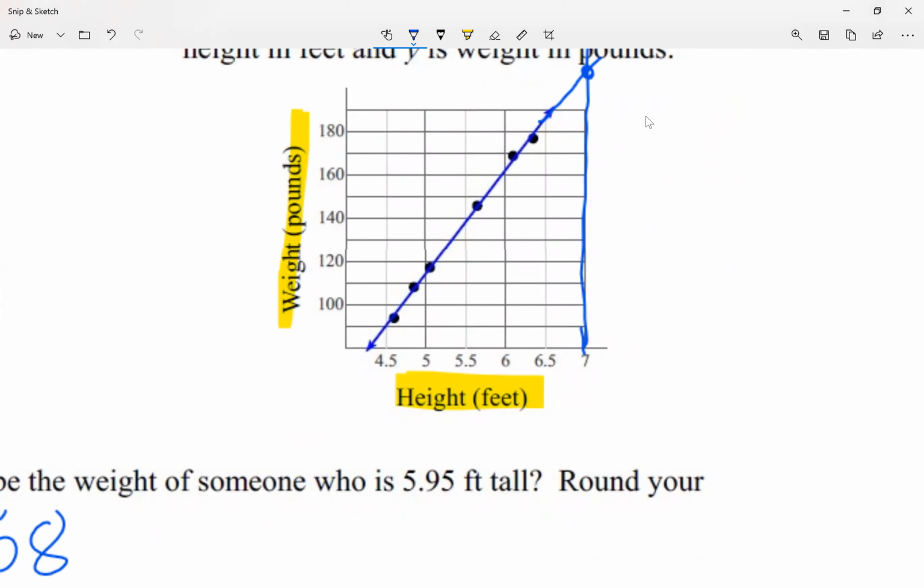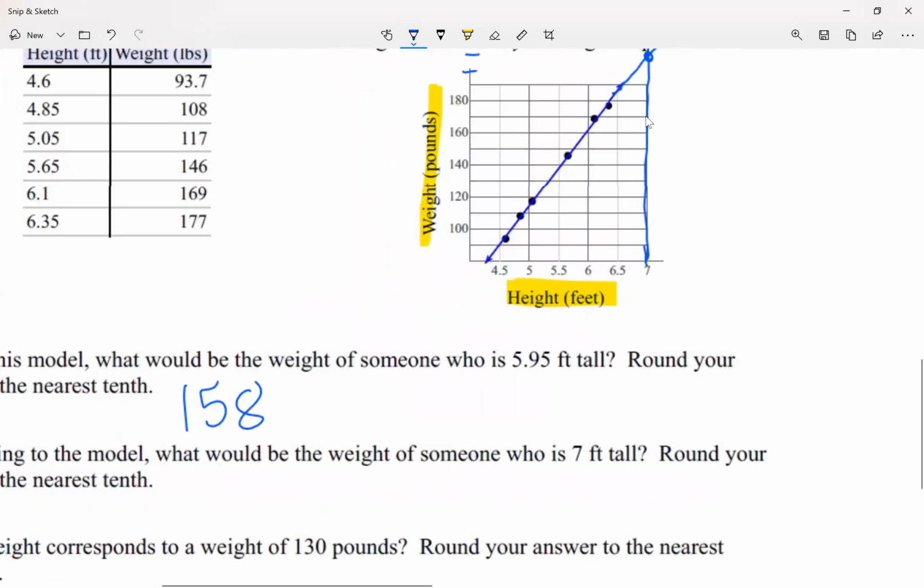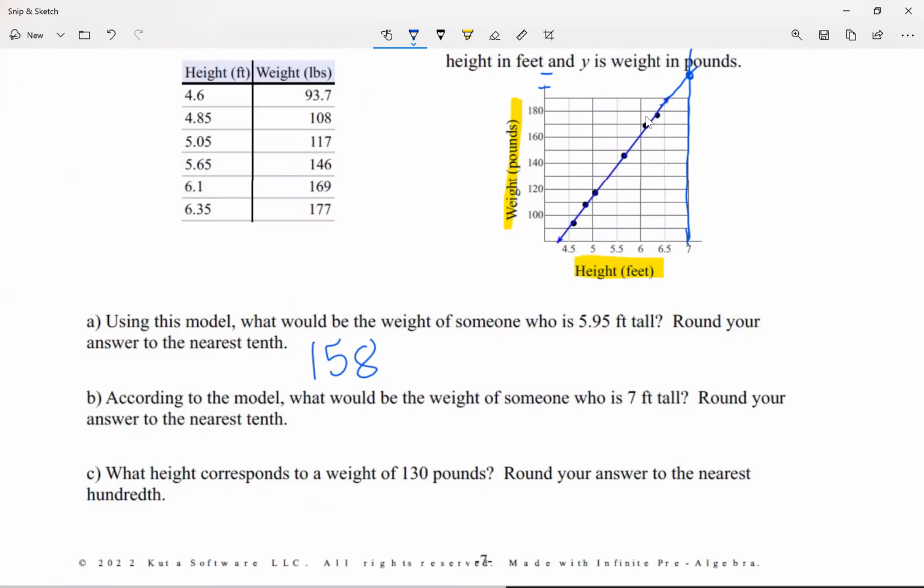Okay, so it seems like each segment on the side I'm going by 10. I see it stops at 190. That's about 200, 210. So I'm going to say in this case, notice I had to extend my numbers a little. I'm going to say 7 feet, according to the data here, will be about 210 pounds.